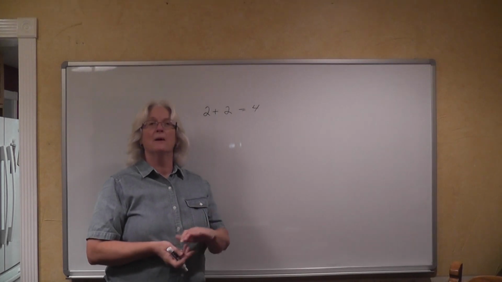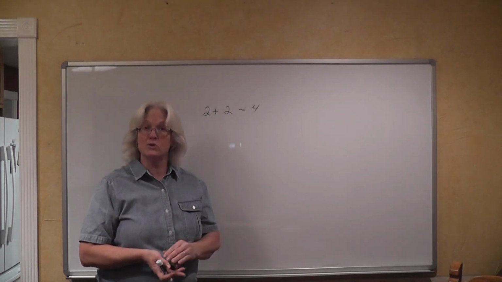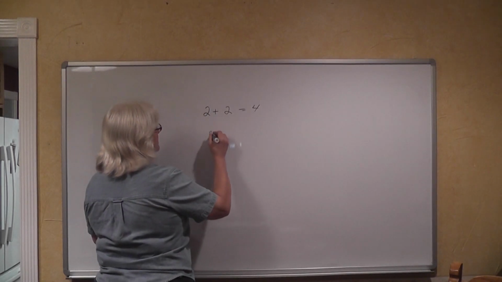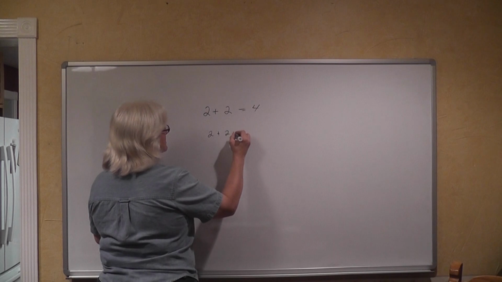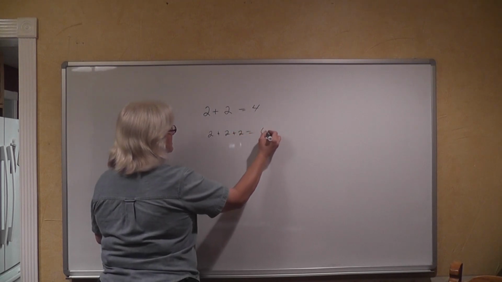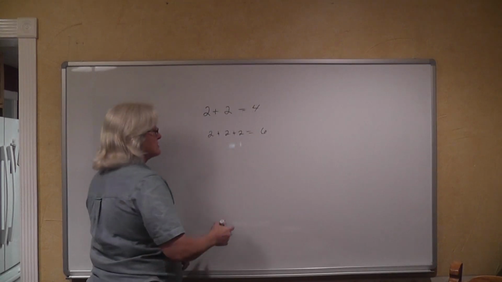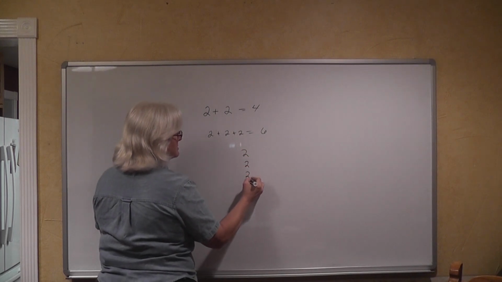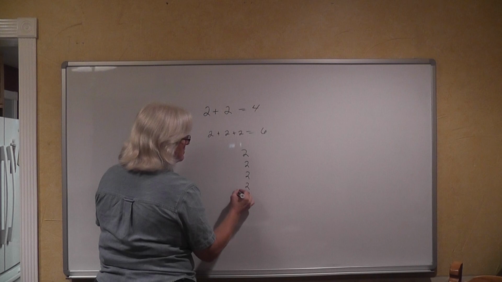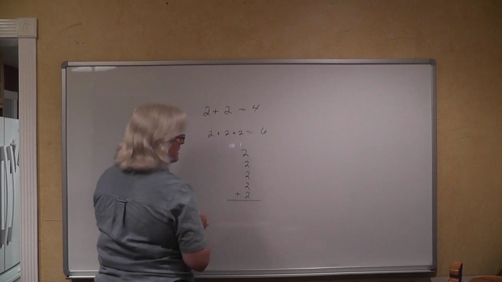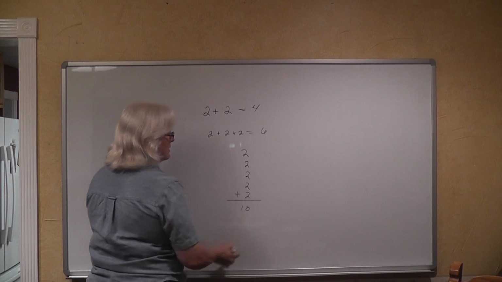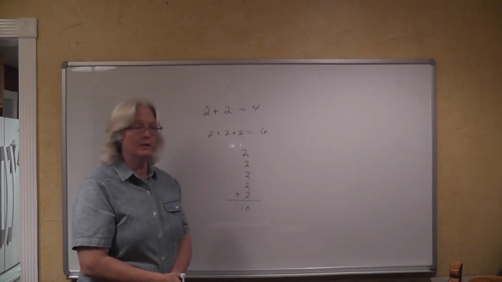Everybody knows that. But you didn't know that when you first began to learn how to add. And then you would add more 2's, and you would say 2 plus 2 plus 2 was equal to 6. Or maybe you had 2 plus 2 plus 2 plus 2 plus 2, and it took a little while to figure out that that was equal to 10.